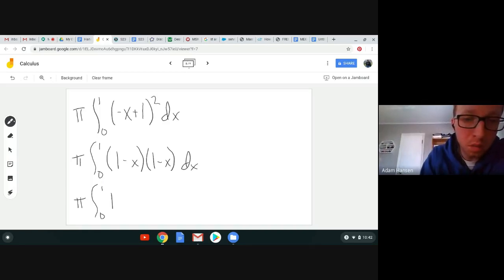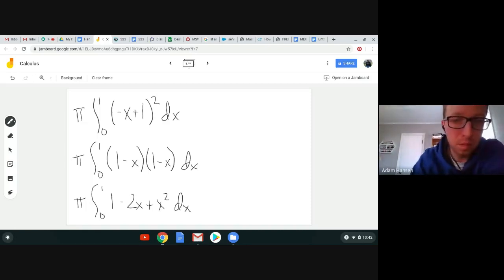One minus 2x plus x squared dx. So this would be pi times x minus x squared plus x to the third over 3, evaluated between 0 and 1.